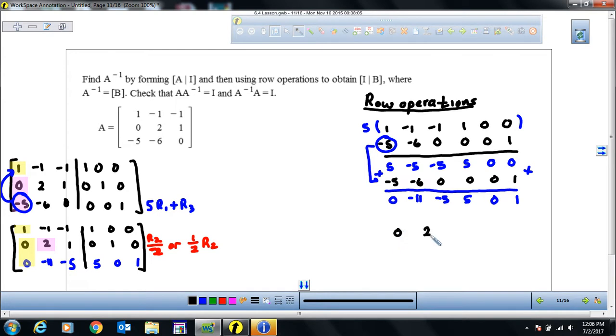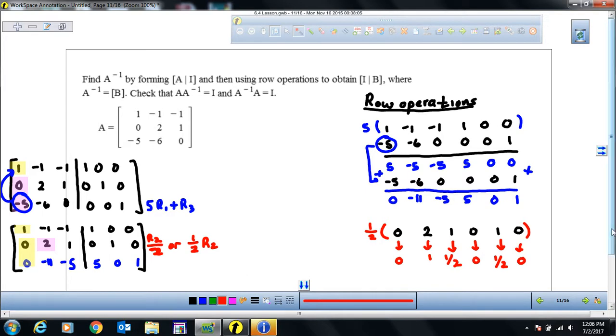So 0, 2, 1, 0, 1, 0. If I multiply by 1/2, remember that's the same thing as dividing by 2. What are we going to get? 0 divided by 2 is 0. 2 divided by 2 is 1. 1 divided by 2 is 1/2. 0 divided by 2 is 0. 1 divided by 2 is 1/2. And 0 divided by 2 is 0.